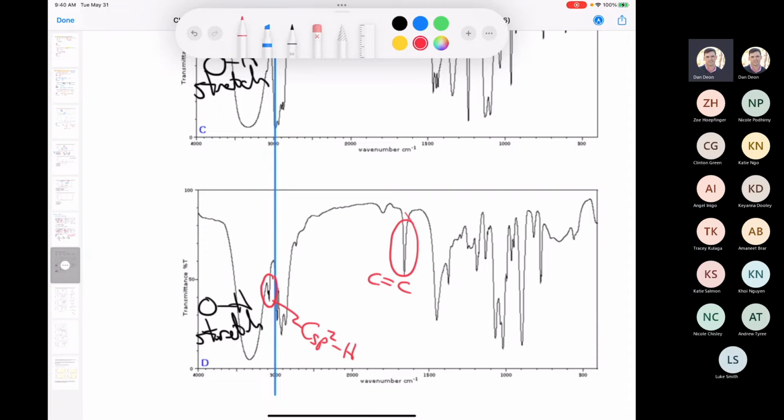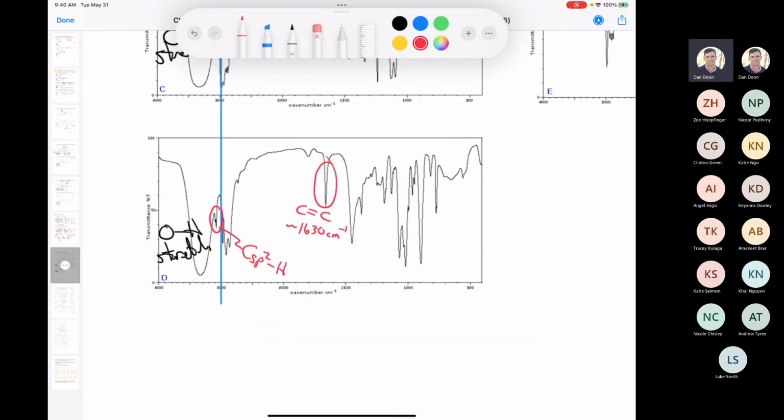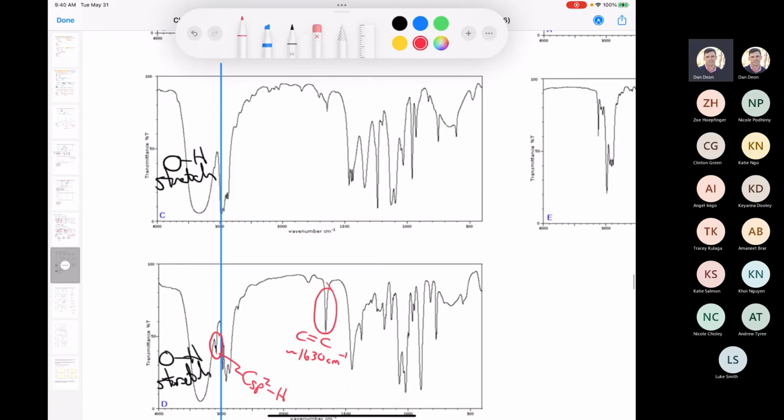If you go to the handout and look at an alkene, we have weak carbon-carbon double bond stretching at around 1630 reciprocal centimeters. Therefore, this one would be the one that has two functional groups, the alkene and the alcohol. And then this one would be the cyclobutanol.